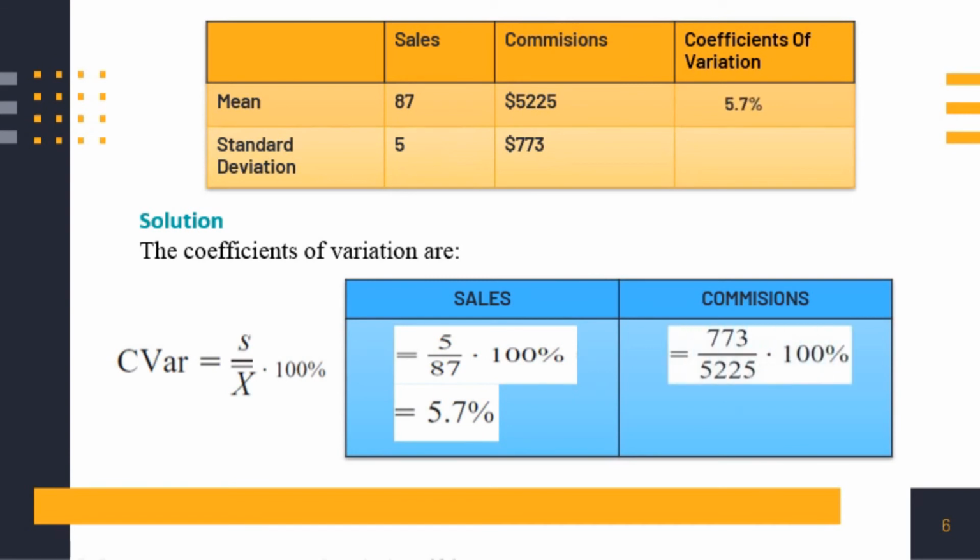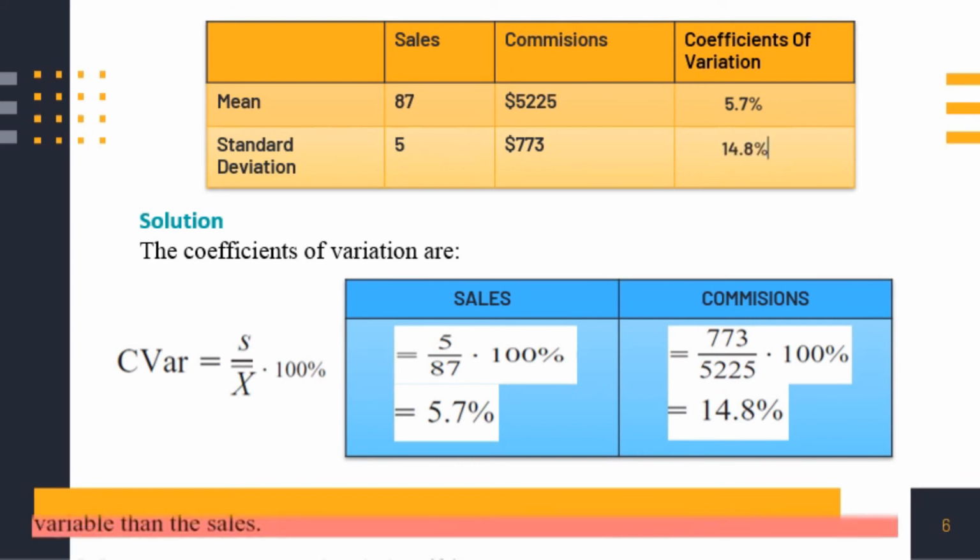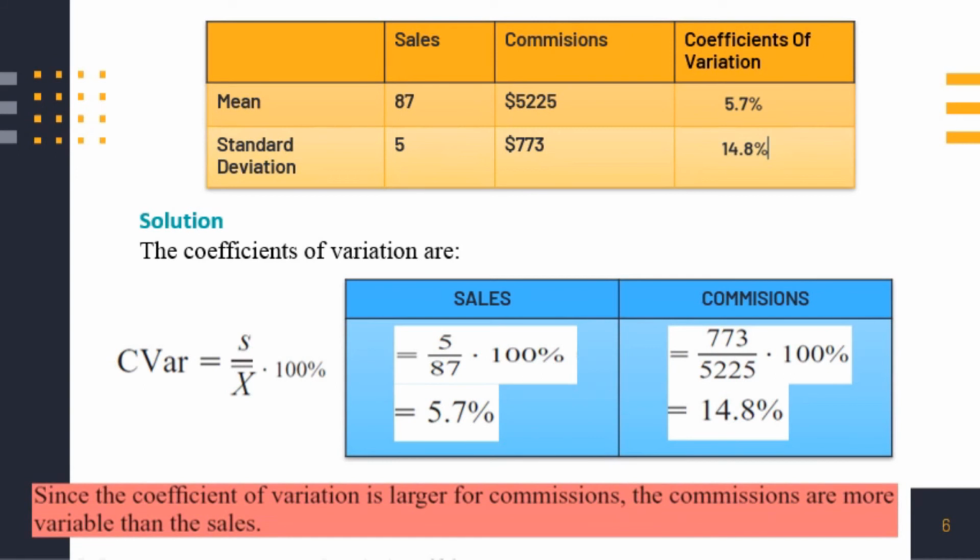In commission, it is equal to 773/5,225 multiplied by 100%, which is equal to 14.8%. Since the coefficient of variation is larger for commission, the commissions are more variable than the sales.